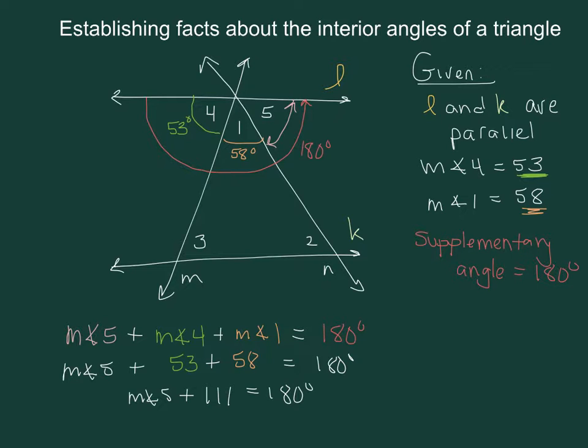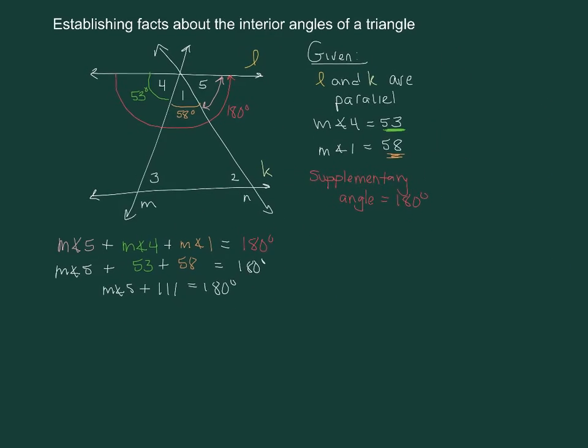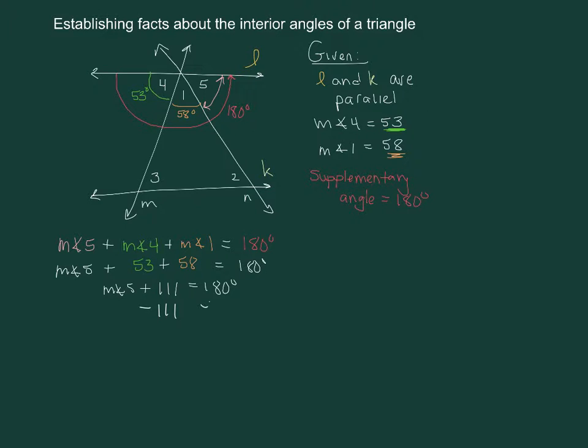What I'm really trying to find out is the measure of angle 5, so I know the measure of angle 5 has to be added to 111, or I can just subtract 111 from both sides and get the measure of angle 5 equal to, what is that going to be equal to, 69 degrees? Yep, 69 degrees.